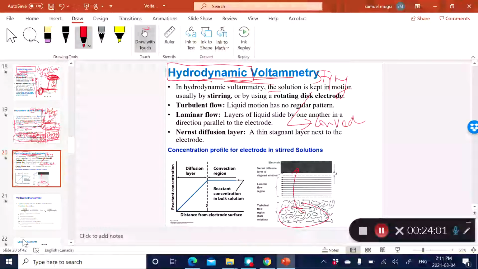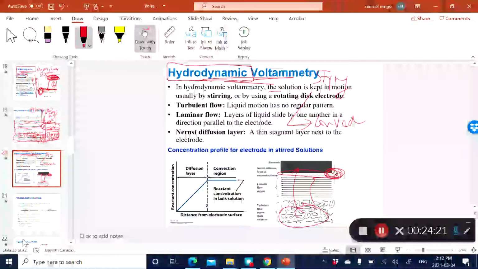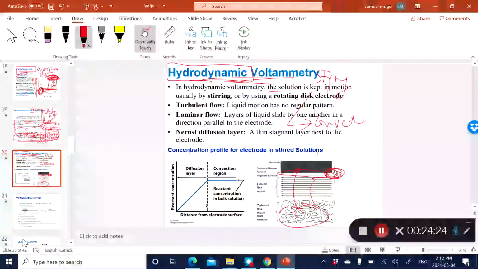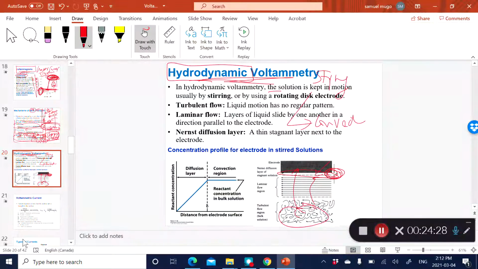So hydrodynamic voltammetry assists in moving the analyte from the bulk to what you refer to as the Nernst layer. The Nernst layer is the only region where the analyte is touching the electrode and getting oxidized or reduced. So the electrode only really does the analysis of analytes that are in the Nernst diffusion layer, as they call it.